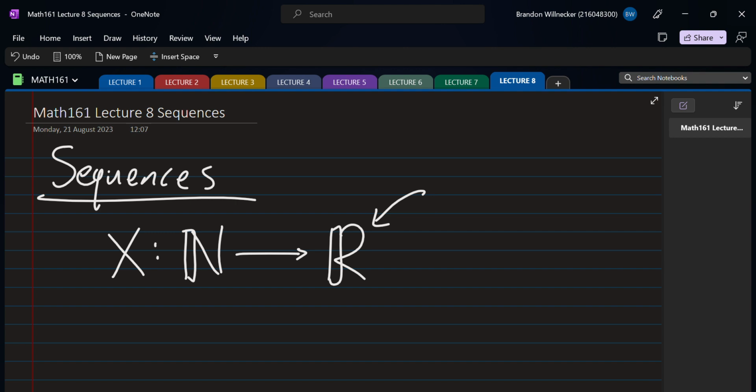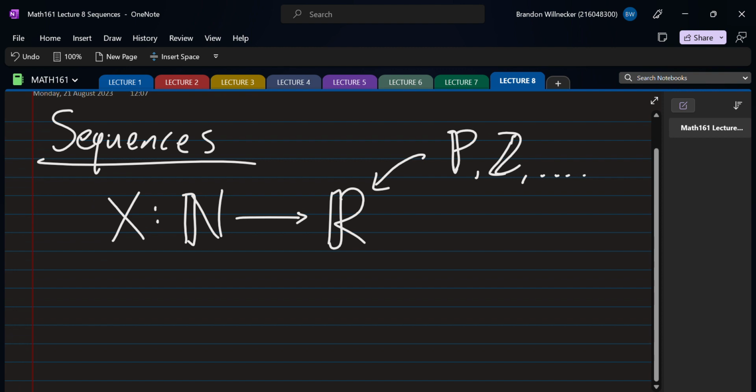For example, we can replace it with the set of polynomials, and we can have sequences of polynomials. We can replace it with integers, and then we will have sequences of integers, and so on. There are many different variations that we can use, but for our purposes, we're going to be having sequences of real numbers.